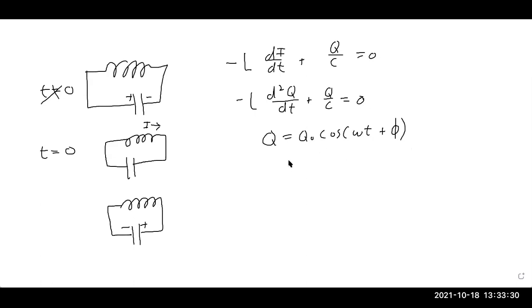And our angular frequency, which is 2 pi times the frequency, is 1 over the square root of the inductance times the capacitance.